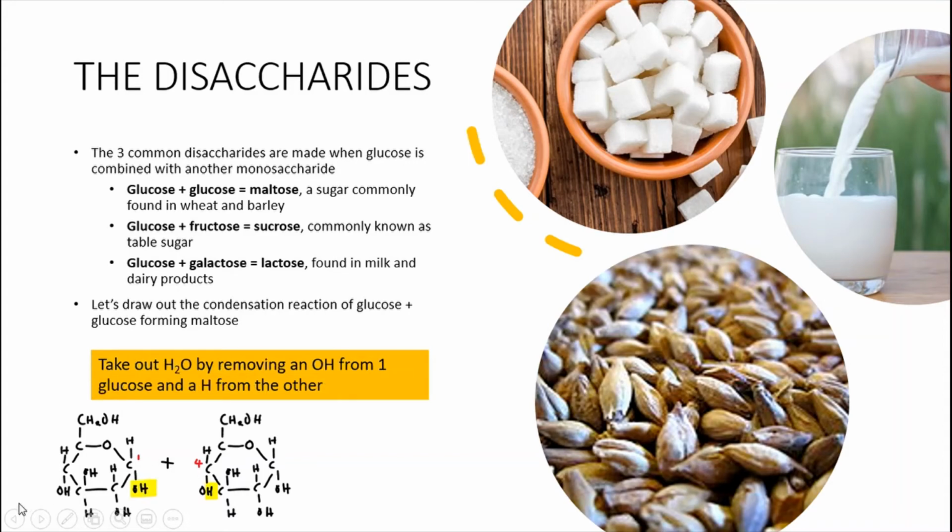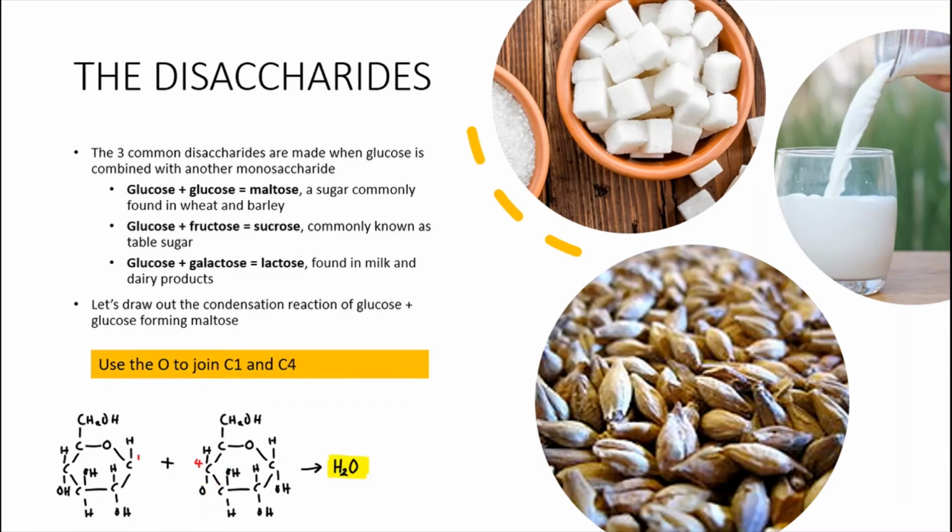We know that this is a condensation reaction, so water needs to be produced. Water is H2O, so we need to take out 2 hydrogens and 1 oxygen. We take out an OH from the first glucose and a H from the other glucose. These will form a bond to make water. Next, we use this oxygen to make the link between our carbon 1 and our carbon 4.